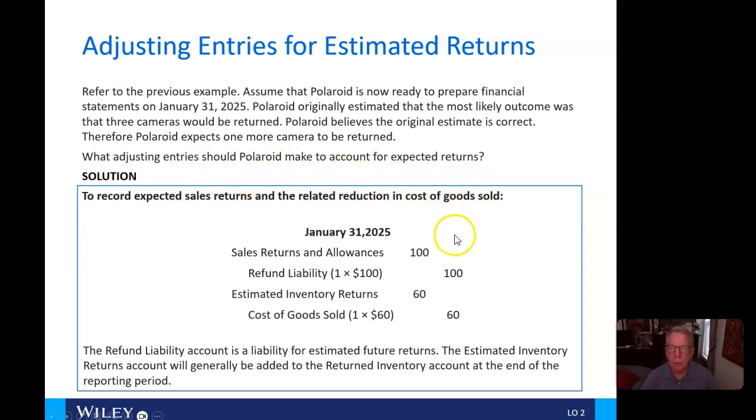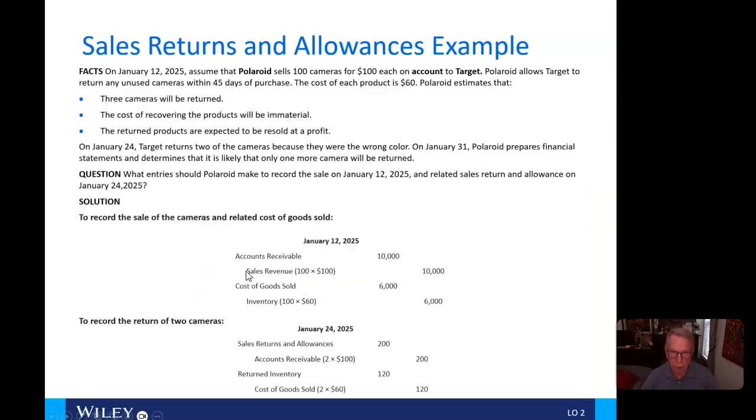expected return? So what they would do is they would pretend like it was returned. We'll debit sales returns and allowances, but the credit in this case is not going to be, as you remember over here, accounts receivable.